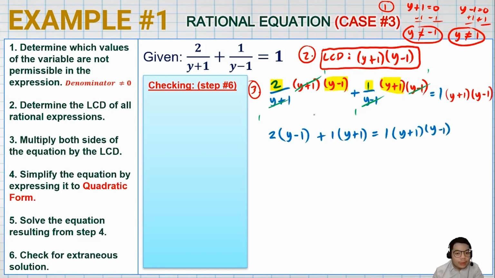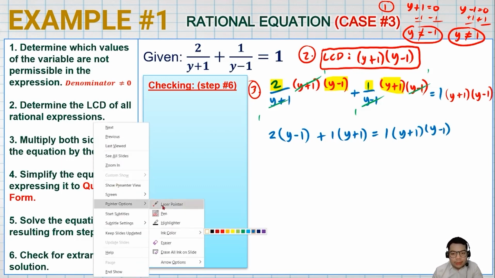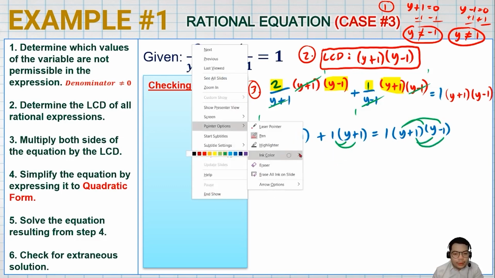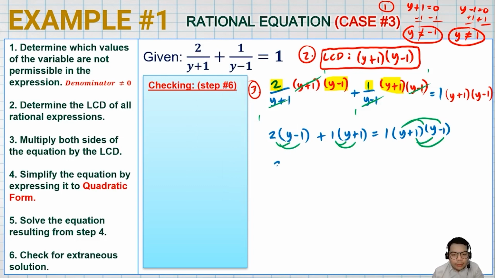Then, we furtherly multiply this one so we can have FOIL and distribution property. So, ito distribute natin. Ito distribute natin. Ito, magpo-FOIL tayo. So, FOIL yan. So, simplify na natin. So, we have 2y minus 2. So, yan. 2 times y is 2y. 2 times negative 1 is negative 2. Plus, y times 1 is y.